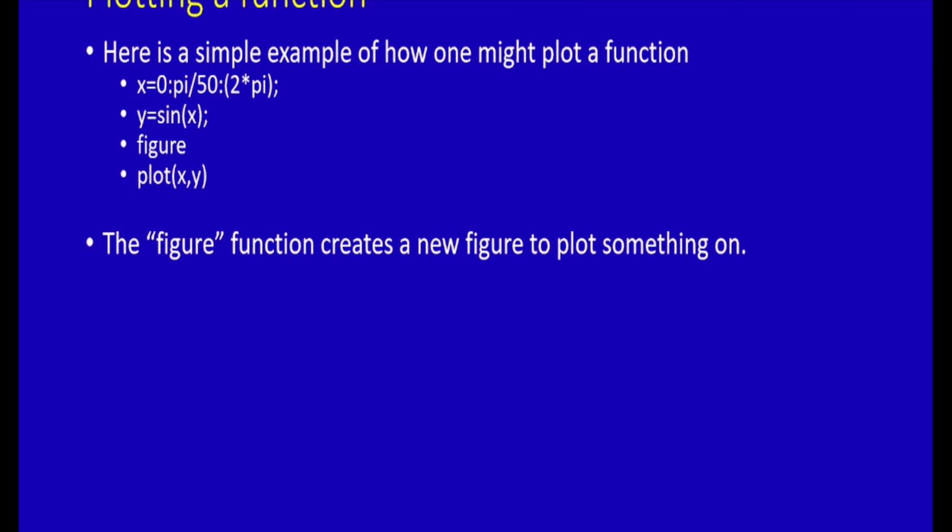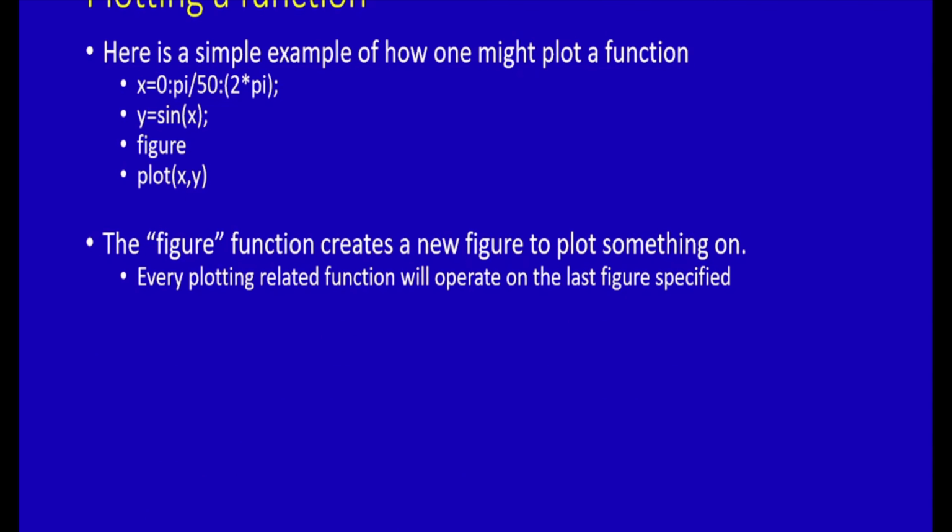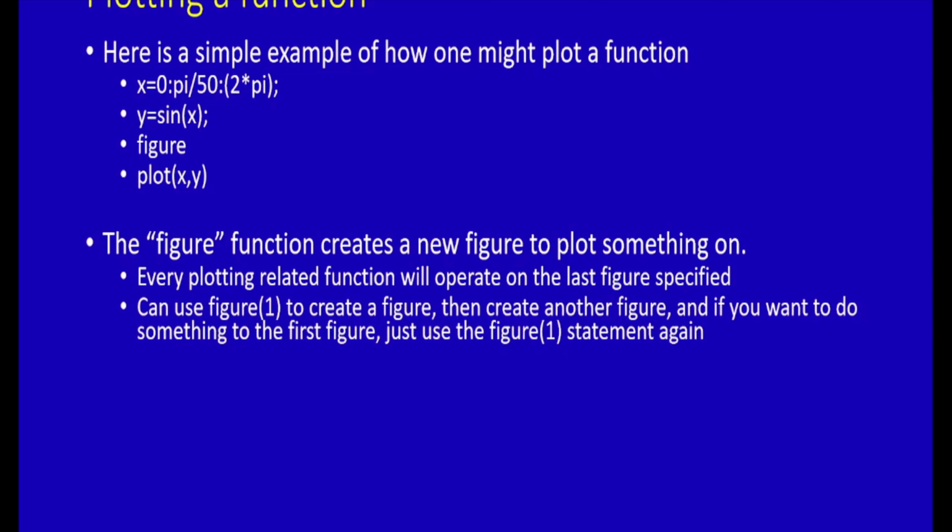The figure function creates a new figure to plot something on. Whenever you do a plotting operation, it always operates on the last figure that was selected. If you want to do something on one figure and then on another, you can put a label on them by saying figure 1 to create a figure with label 1.